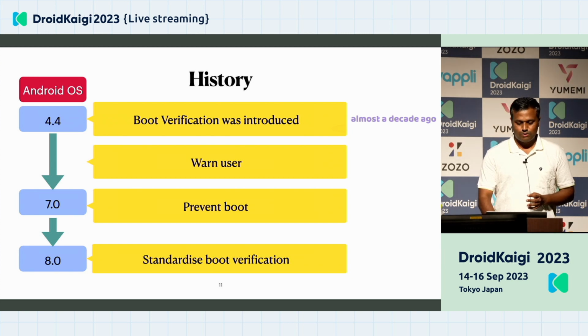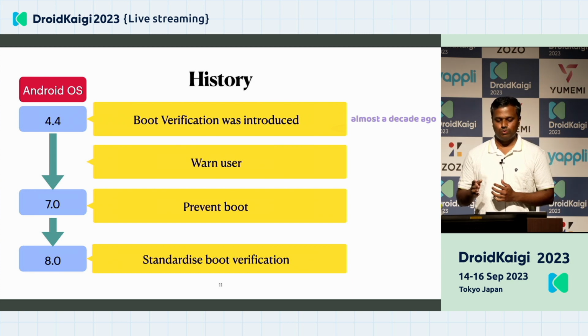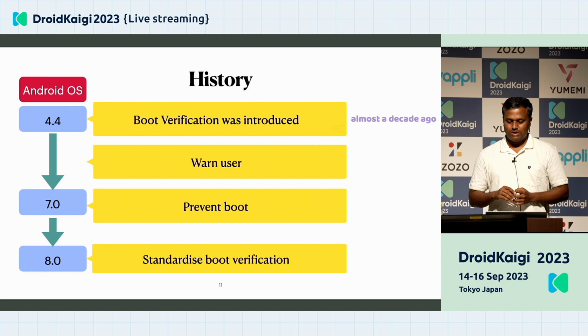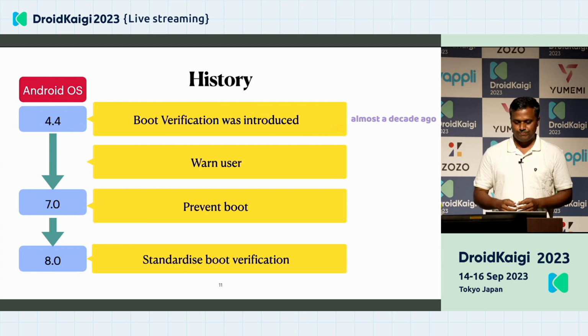And later in Android 8.0, Android Verified Boot, which we can also call Verified Boot 2.0, came into the picture. It basically standardizes everything. It introduced partition footer standardization, and many different things happened, about which we will talk a bit later. And Android Verified Boot made things simpler.